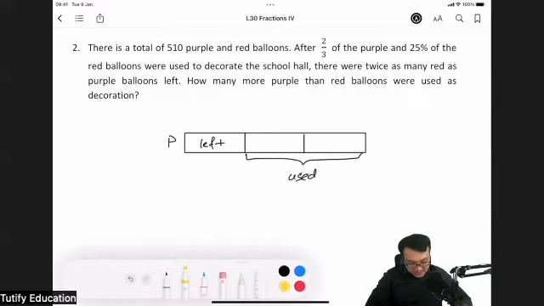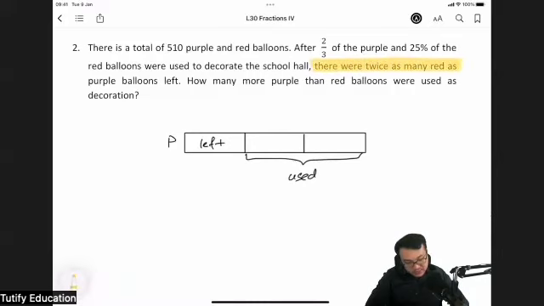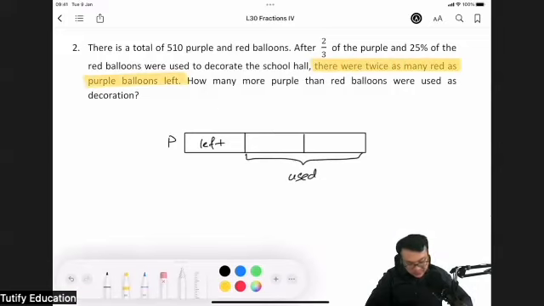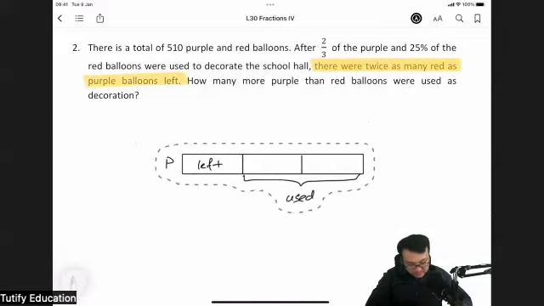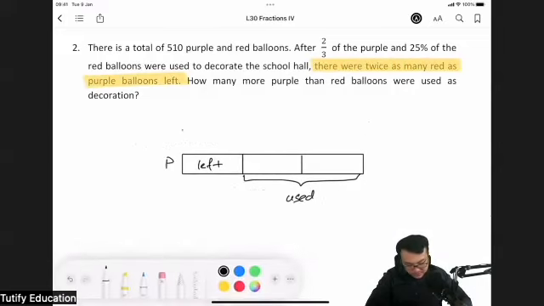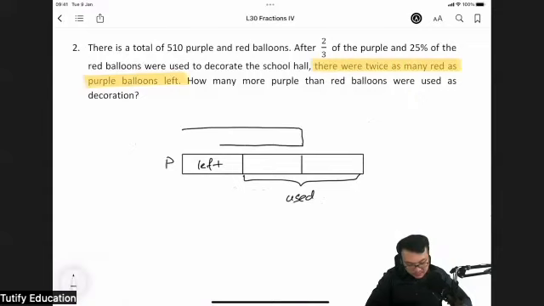Now, let's read the next sentence. The next sentence states that there were twice as many red as purple balloons left. So now, let's draw the red. Immediately, I know that there are 2 times as many red as purple left.